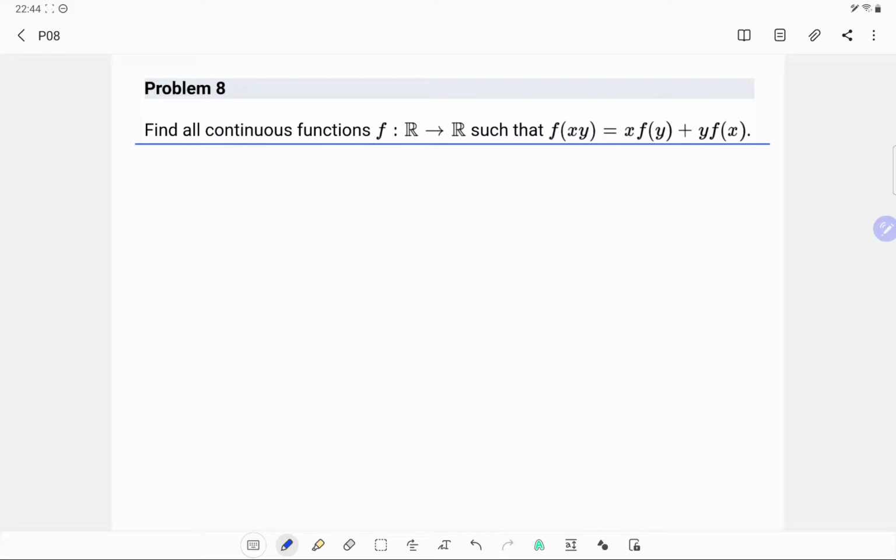So now we can see if you divide xy on both sides, we will have f of xy over xy on the left side. And on the right side, we will have x times f of y all over xy plus y times f of x all over xy.